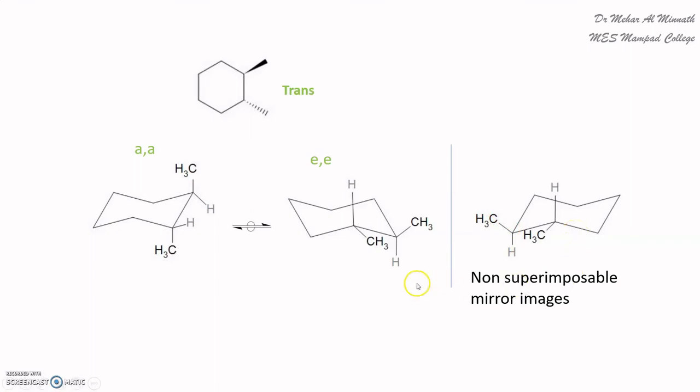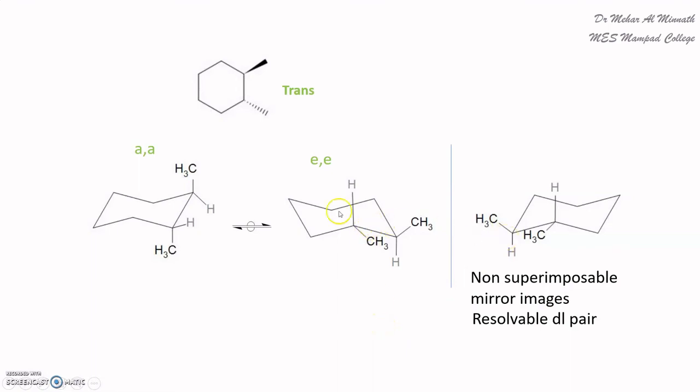Alright, so they are non-superimposable mirror images. But they are resolvable DL pairs. They are resolvable. Okay, now how is it resolvable? Well, because the energies of the AA and EE forms will be different, so they will not be flipping. Alright, and they can be resolved.